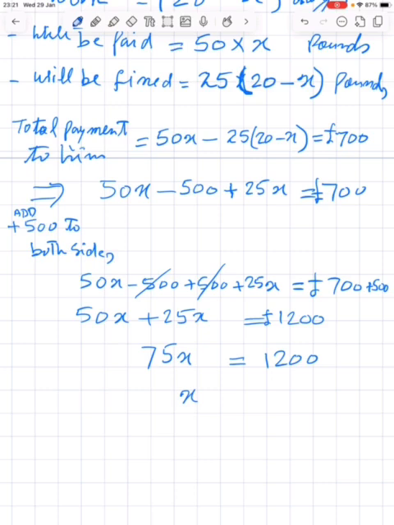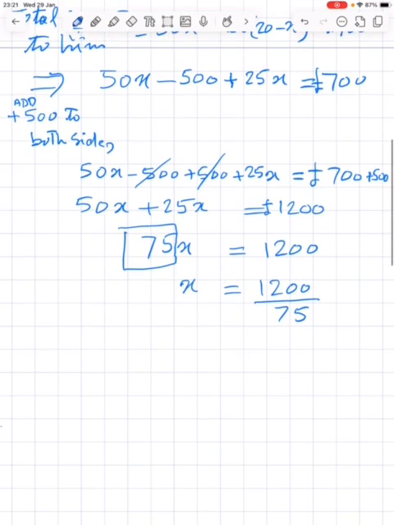Then, remember that x is being multiplied with 75, so 75 goes on the other side and divides, and we can do cancellation. How many 25s are in 75? 3 of them. And how many are in 1200? 48 25s.